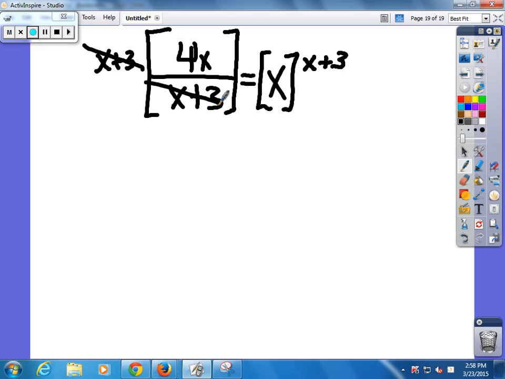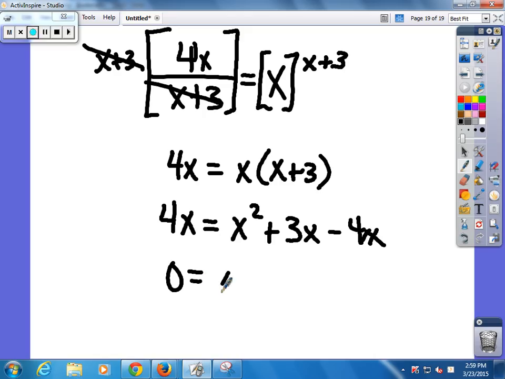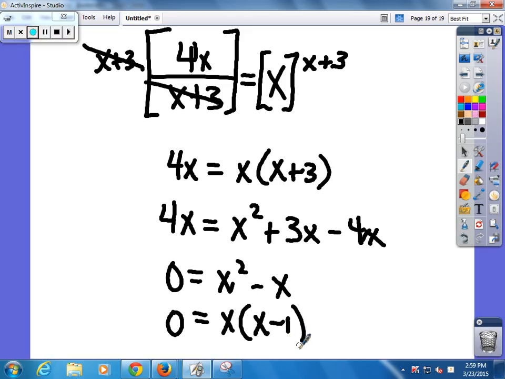X plus 3 cancels, you get 4x is equal to x times x plus 3. 4x is equal to x squared plus 3x. And bring the 4x over, minus 4x. We get 0 is equal to x squared minus x. 0 is equal to x times x minus 1.